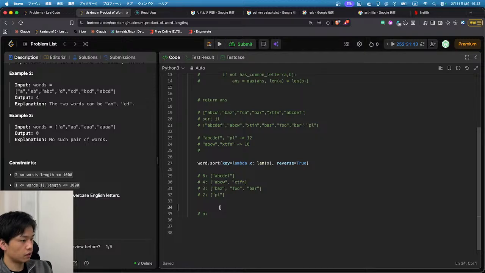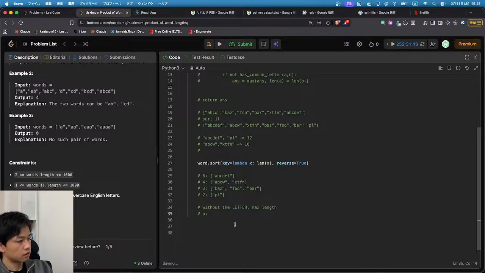So without letter A, what is the max length?